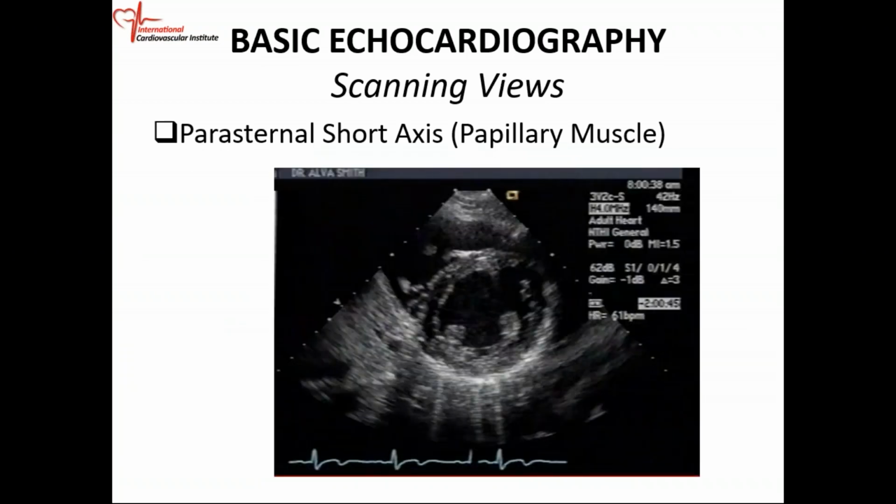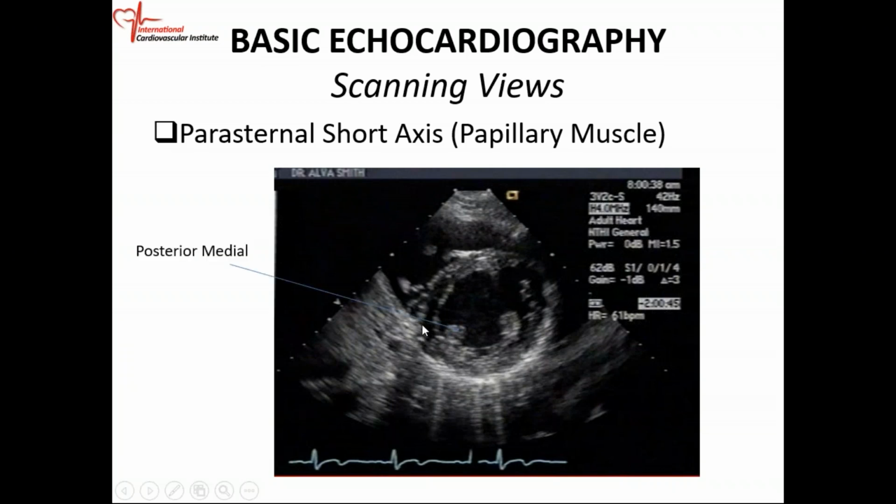So if you move it even further upward, the angle of the transducer now, you're going to get the papillary muscles coming into view. This is the anterolateral papillary muscle, posteromedial papillary muscle, inferior wall right here. This is the lateral wall, the anterior wall, and this is our septal wall.